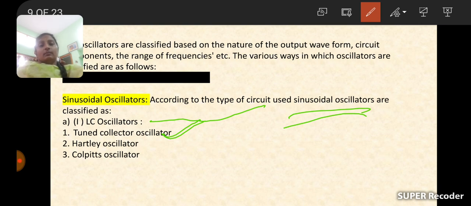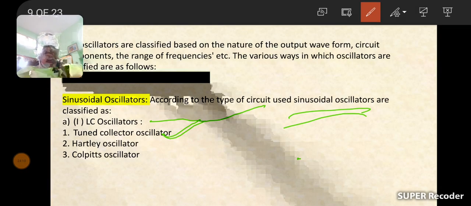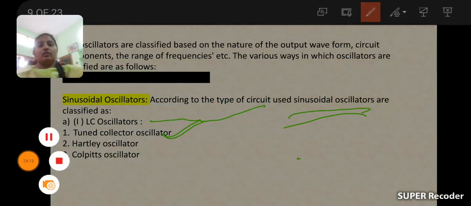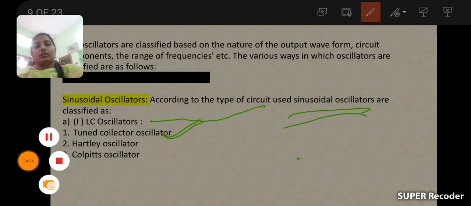What is its name? Tuned circuit oscillator.